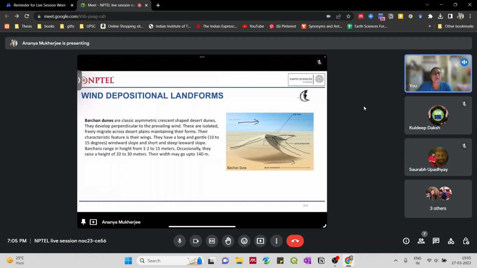The characteristic features are their wings. Their wings are like this, if you see, this is the top view. They are going to maintain these kinds of wings. They are not very long in nature. The windward slope is long and gentle, as you can see over here, and the steep leeward slope is the slip face.